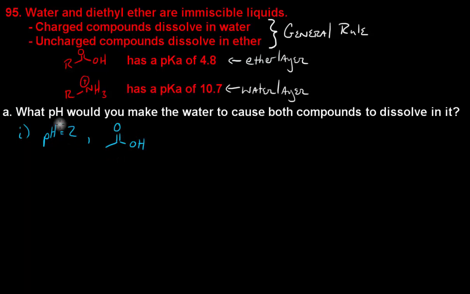And 2 is a lot lower than the pKa of the ammonium, so the ammonium is going to remain in its protonated form as well. So now what we have is still that ether layer, and we still have water soluble ammonium. That's one scenario.